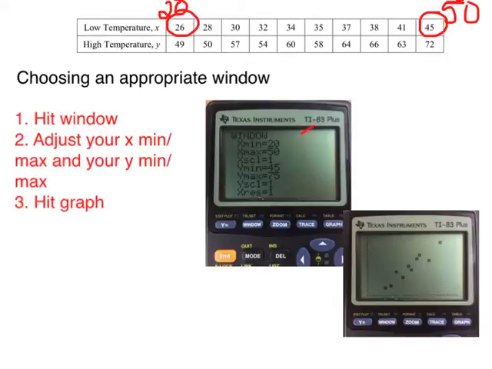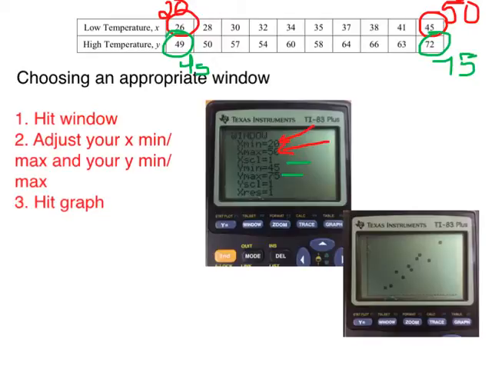And you can see that right here I already made my adjustments. Then I'm going to look for my Y min and my Y max. My Y min is going to be 45 and my Y max is going to be 75. If you look right here and right here, I've already made my adjustments.